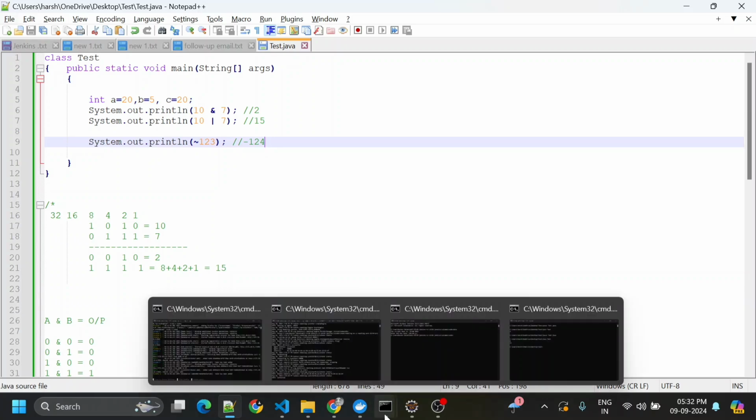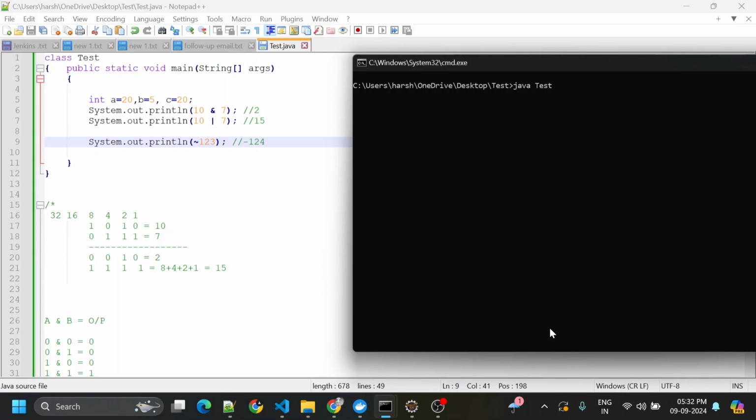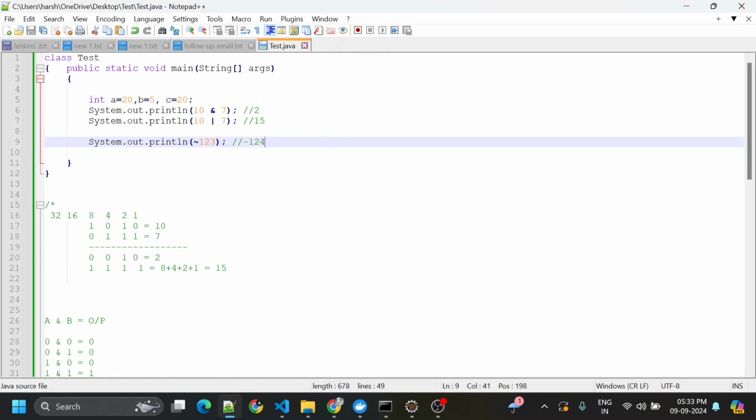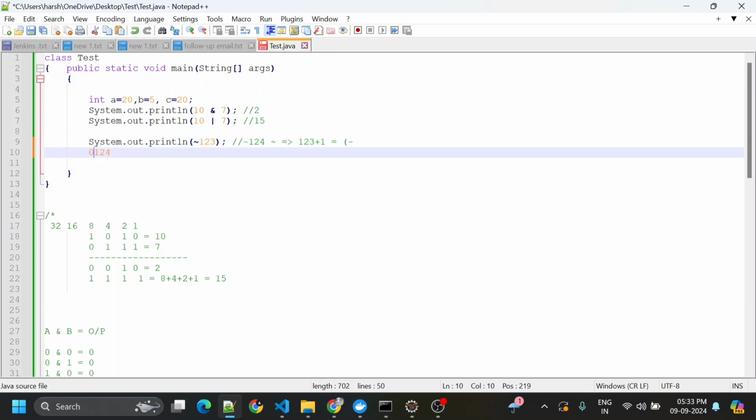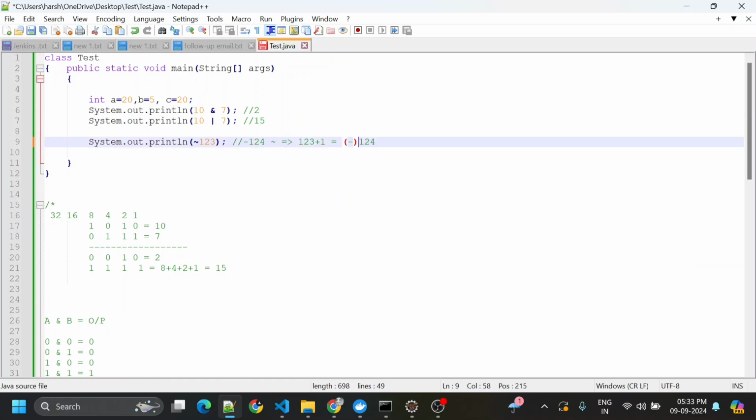Okay, let me compile this and execute. Okay, this is minus 124. So what this bitwise operator is doing is, 123 plus 1 equals 124, but with the bitwise operator you'll get a minus as well.